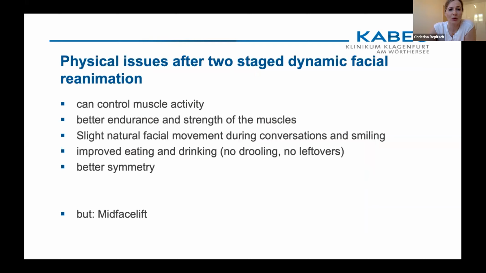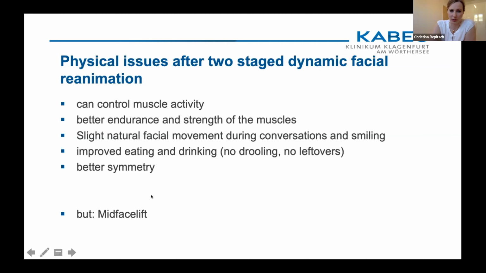The aim was to strengthen the muscle, and now I think the operation was very good, because now you see a slight natural facial movement during conversation and smiling. And he has no problems with eating and drinking, and the symmetry is better.